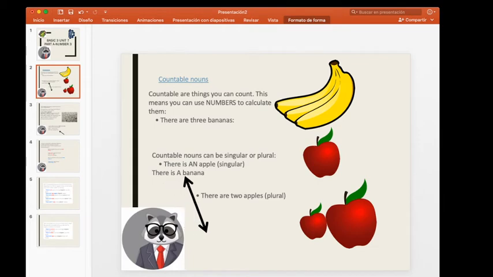And we use the letter a when the noun begins with a consonant. For example, there is a banana. Okay, those are the correct forms. And for example, another one, there are 2 apples. We can use the plural, the number, and obviously the verb to be.